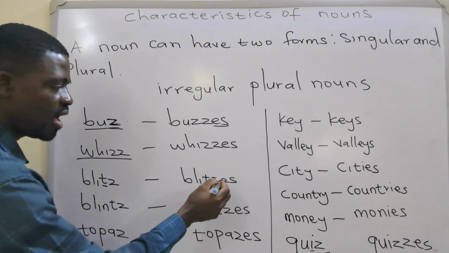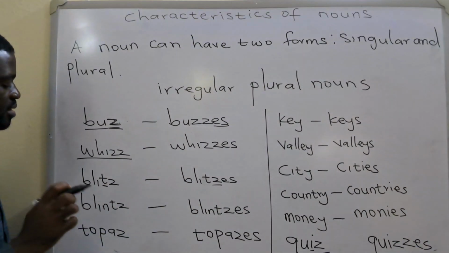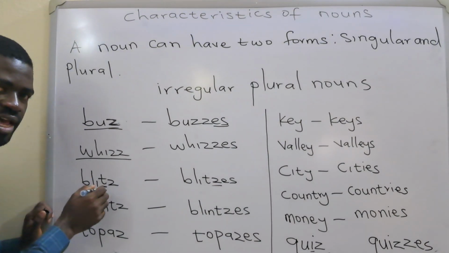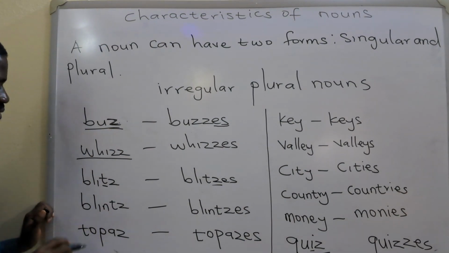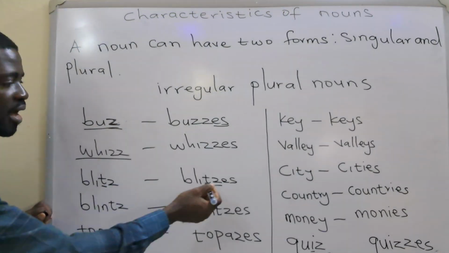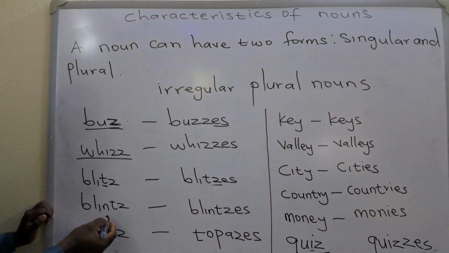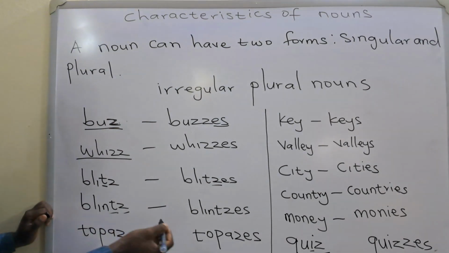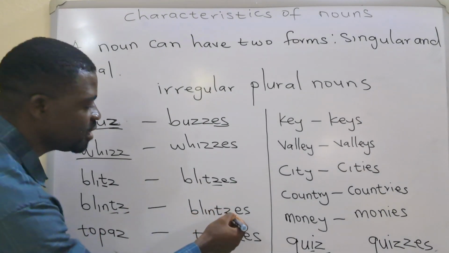Instead, I just add my es to the Z. That is because this word ends with Z, but the Z is preceded by a consonant. So I'm not going to add another Z to form the plural. For example, you can see this one. This is also a consonant. End with Z. I will add es to form the plural. I'm not going to add another Z here.